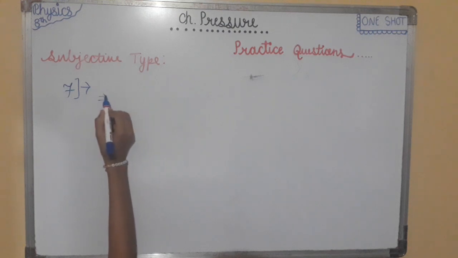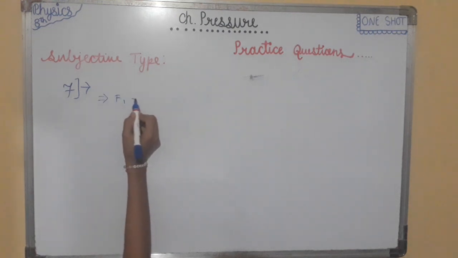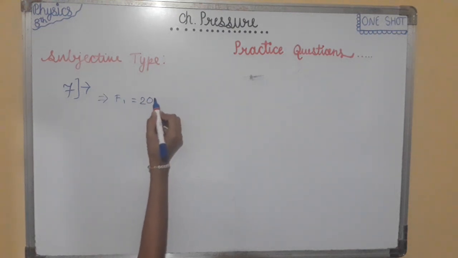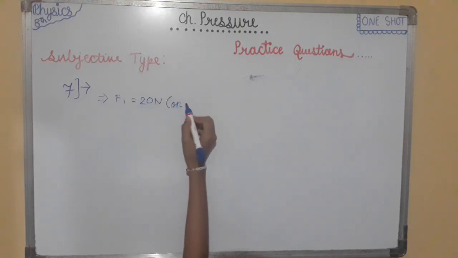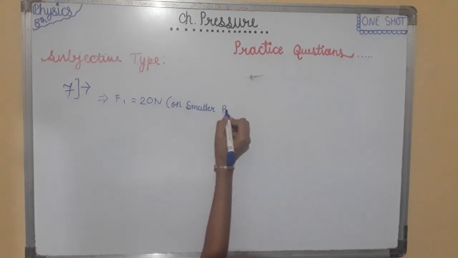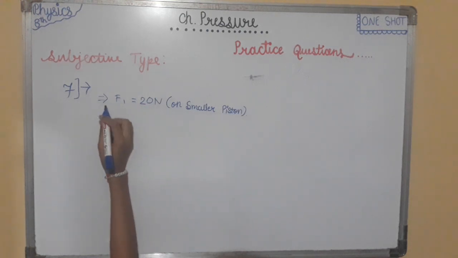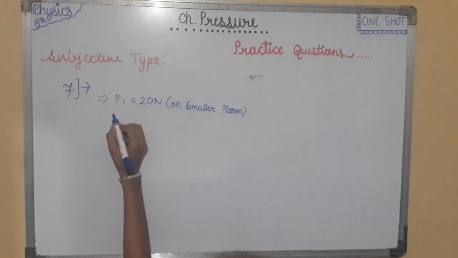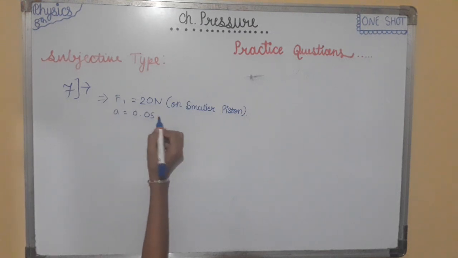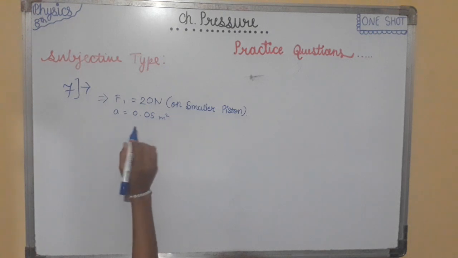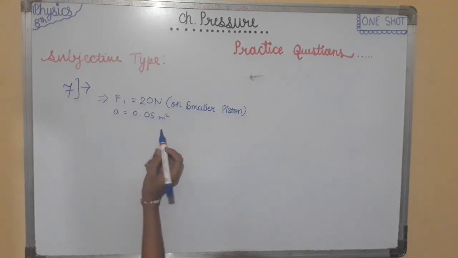So, given F1 is equal to 20 Newton, the force on the smaller piston. Next, A1 is equal to 0.05 meter square, the area of the smaller piston.